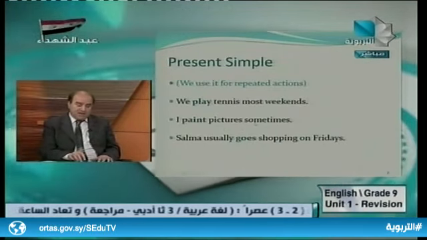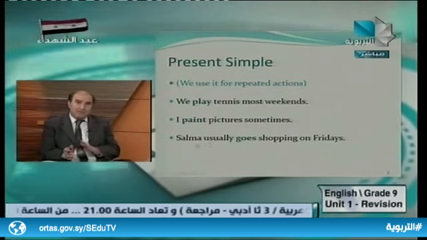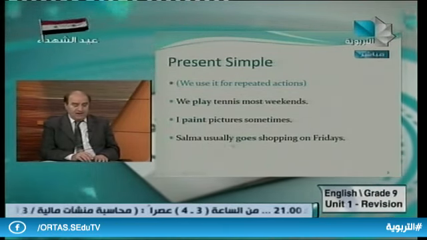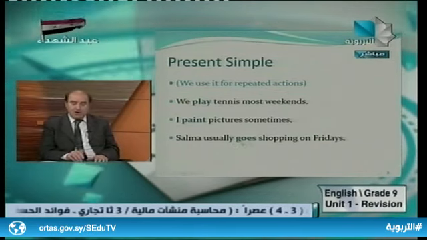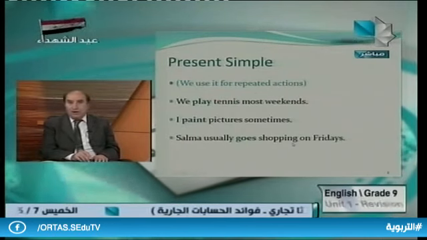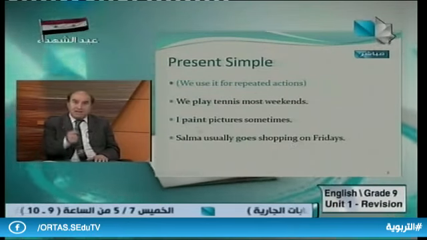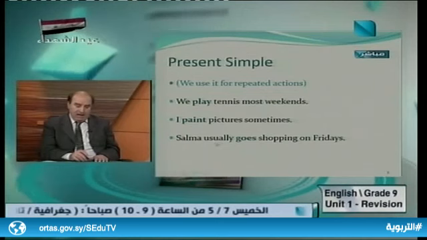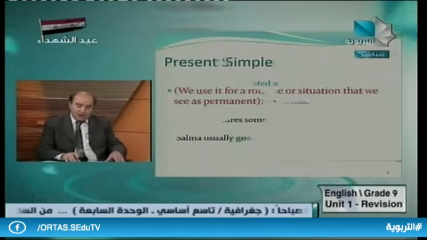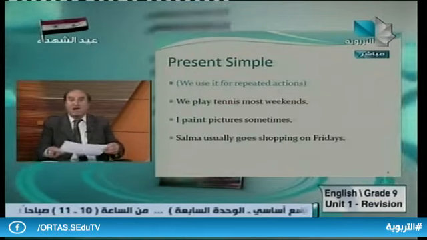I paint pictures sometimes, or I sometimes paint pictures. Another example here, Selma usually goes shopping on Fridays. Always or usually, this word is also an indicator or a key to simple present tense. So Selma usually goes shopping on Fridays.